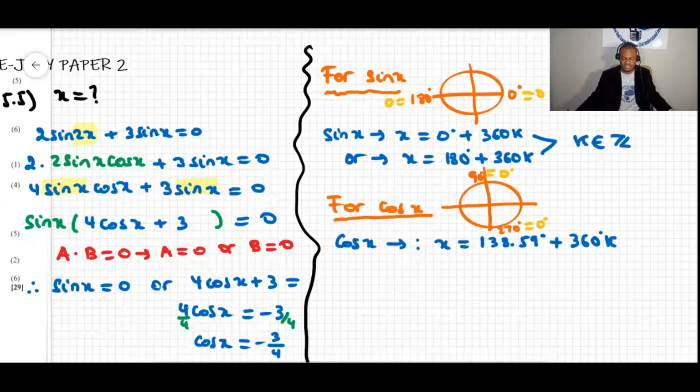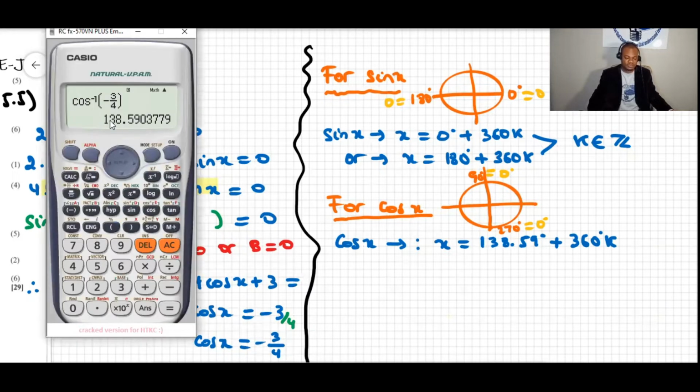Okay, this is not an acute angle. This is in the second quadrant.